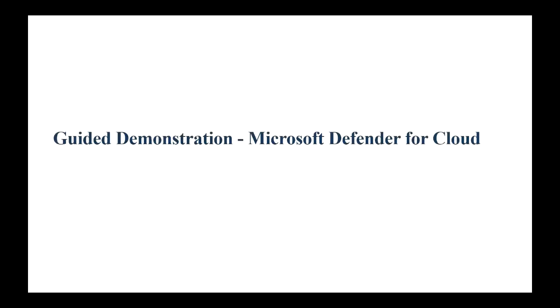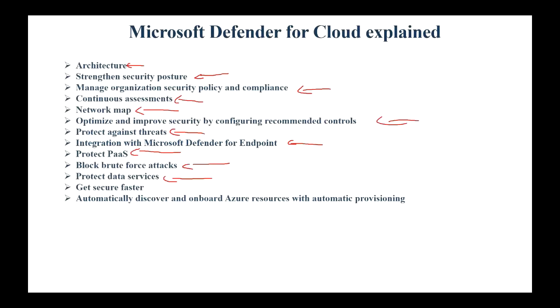Then we have the, just bear with me for a moment because I've changed the slide unintentionally. Then we have the Get Secure Faster piece, and here it's all about native Azure integration.